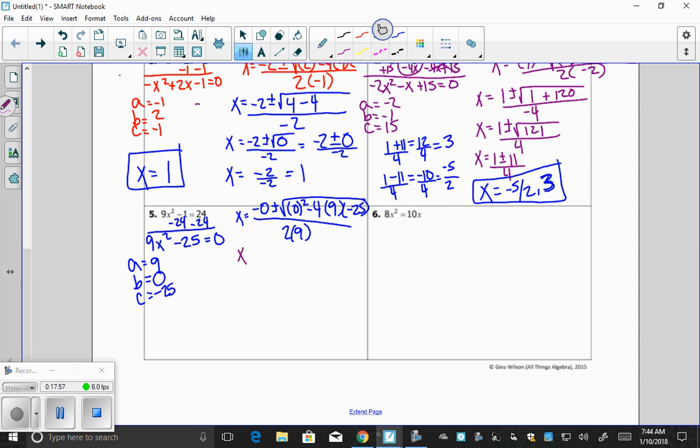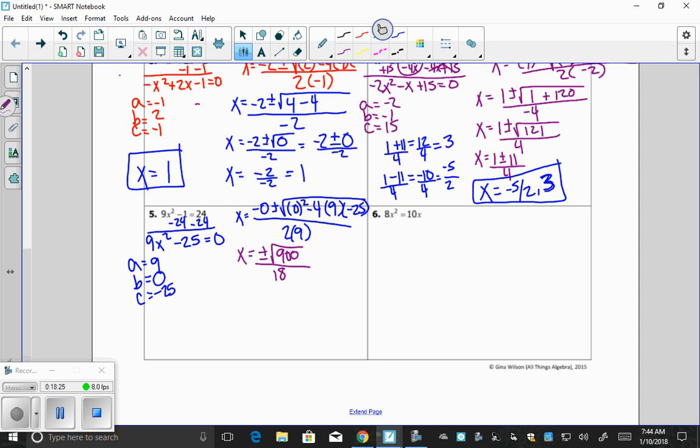So your answer is going to be x equals plus or minus 0 squared. Well, 0 times 0 is 0. So there again, you don't need to write it. So you need to do negative 4 times 9 times negative 25 to get 900 over 2 times 9 is 18.